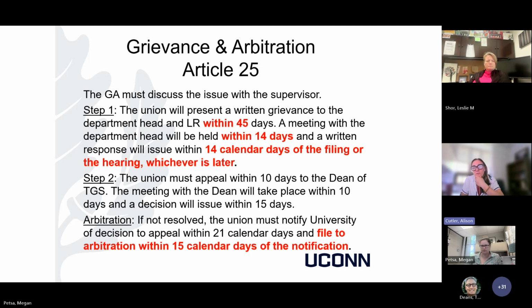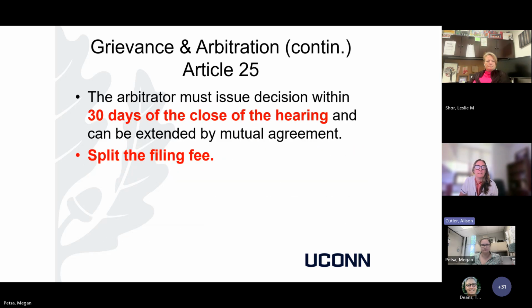I would just say if a department gets a grievance, as soon as possible, make sure that labor relations has been notified, because we have to be very mindful of following these deadlines and dates. It's best that we have hearings, and we need the time to gather all the information and create a record, so that if this goes to arbitration, we have all the information that we need. Let's go to the next one.